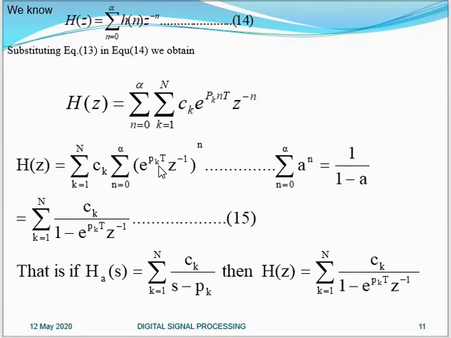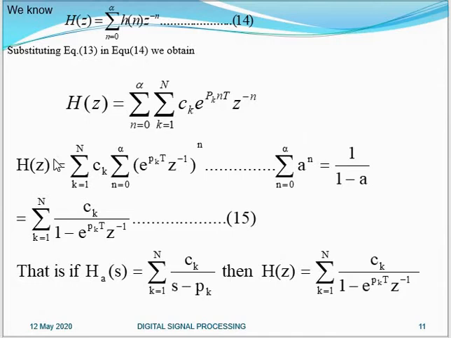So this part becomes 1 by 1 minus e to the power Pk T z inverse, and this will remain summation k equals 1 to N of Ck. So it will become summation k equals 1 to N of Ck divided by 1 minus e to the power Pk T z inverse. This is my new equation for H(z).